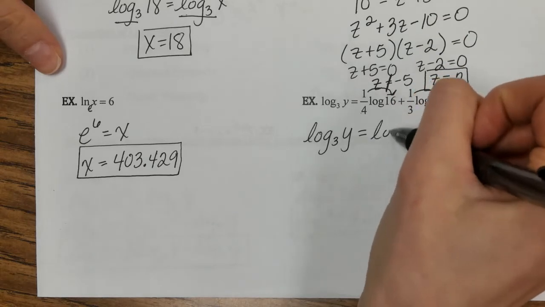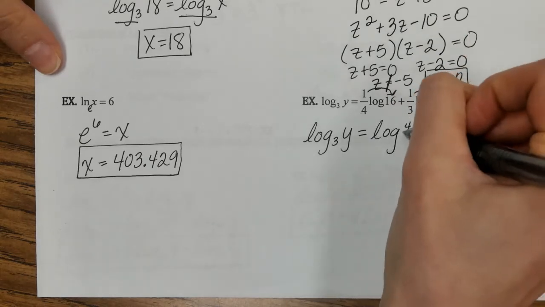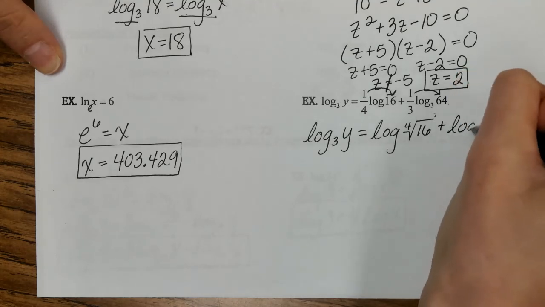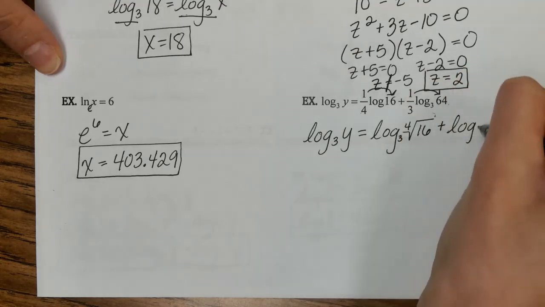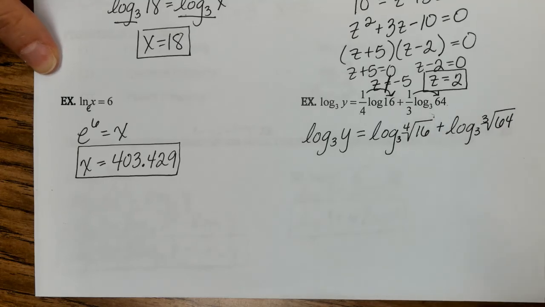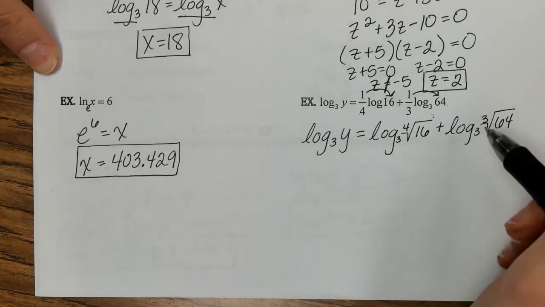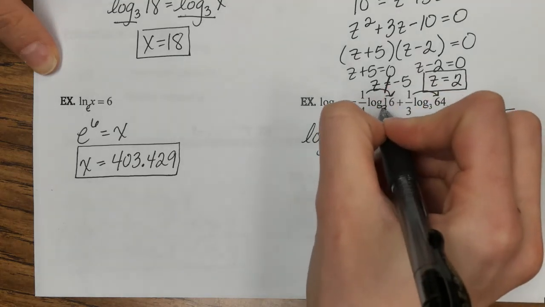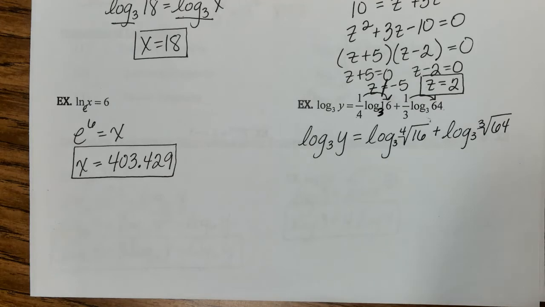Log of the 4th root of 16 plus, oh, I forgot my 3, log 3 of the cube root of 64. Sorry. You would not be able to solve that if it was not. Okay, you have to have the same base for all of that.